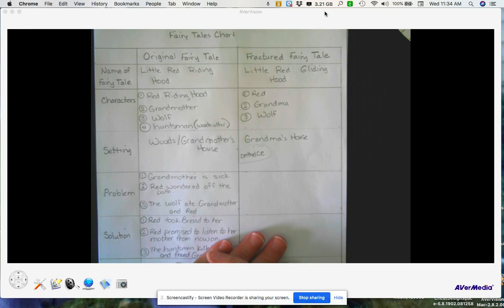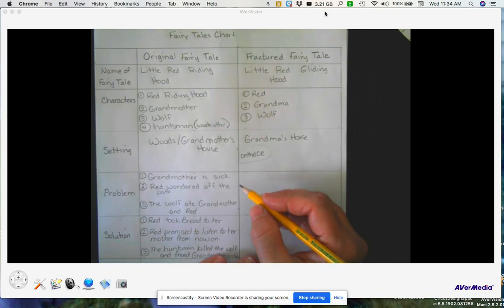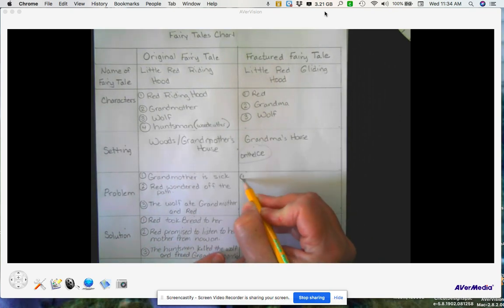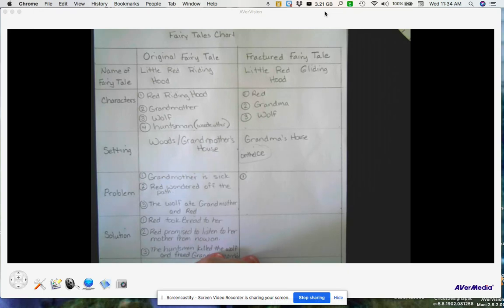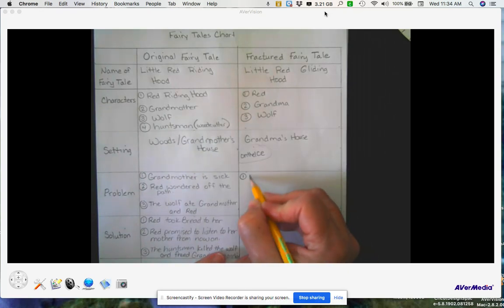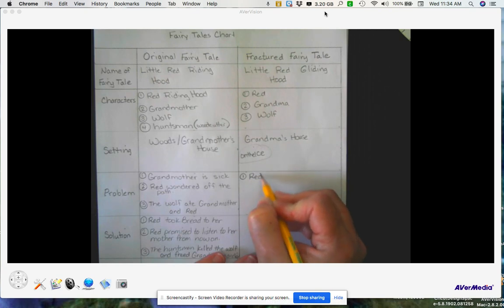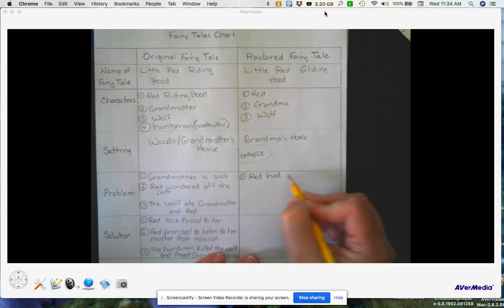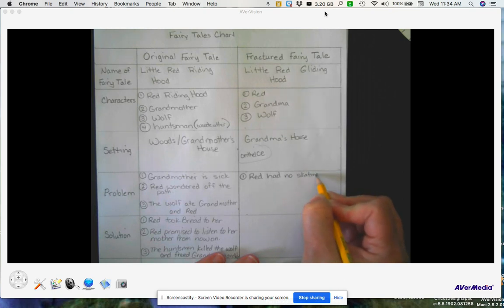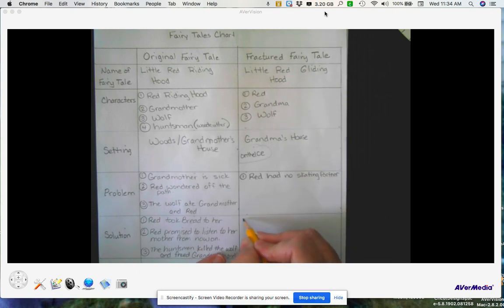Okay, then I was looking for problems. I came up with 3 again. So the first problem was, what do you think? I thought the first problem was that Red had no skating partner. Okay, and I'm going to jump down to the solution here.